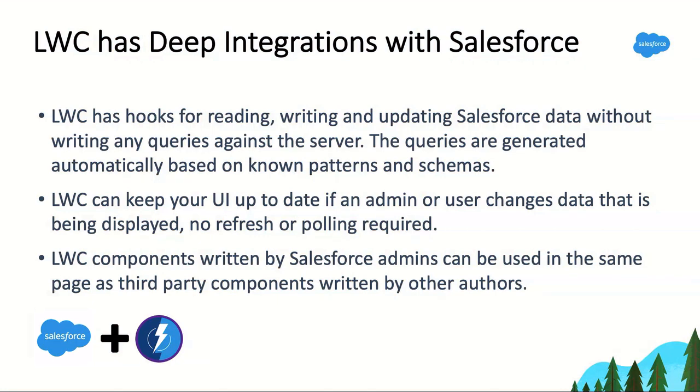LWC also has a service called Wire Service, which will keep your data in the UI up to date without any polling or sockets or anything needed. So it'll synchronize your UI data with the data in your Salesforce server or your Salesforce database.